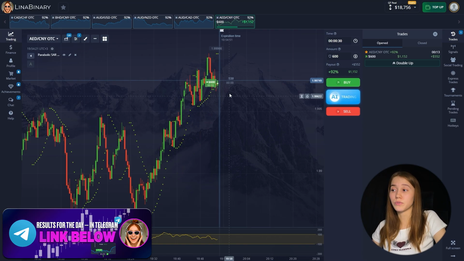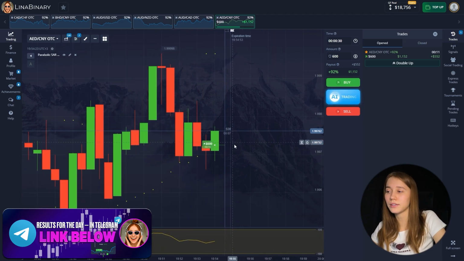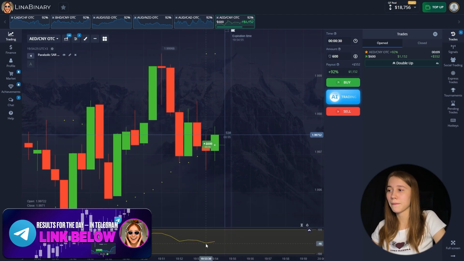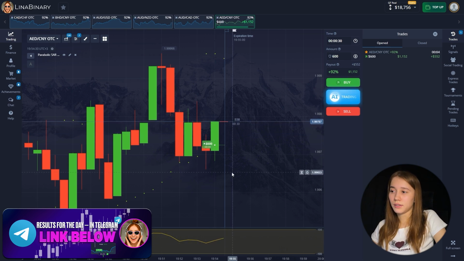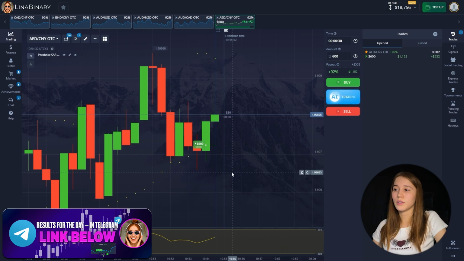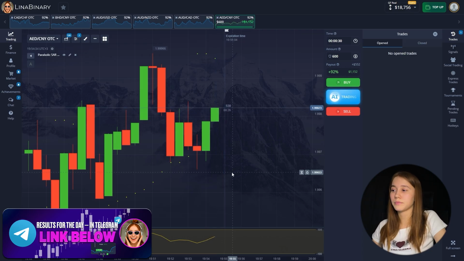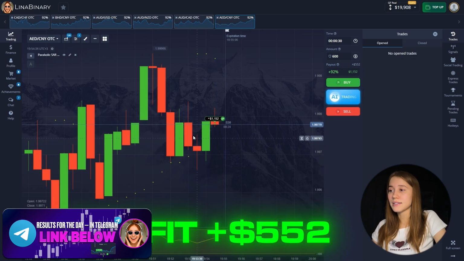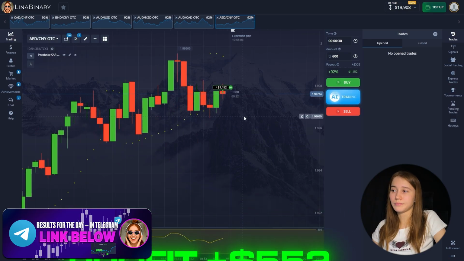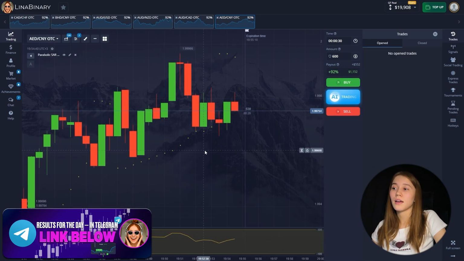Of course it's not very strong, but still we're more likely to build on it. The sliding line is in the upper position. It will go even higher. Good. Last deal we see our balance is almost $20,000.